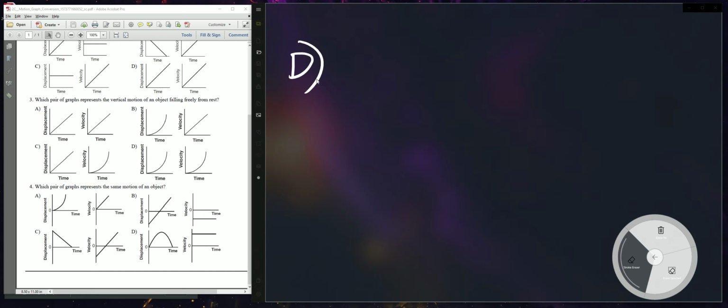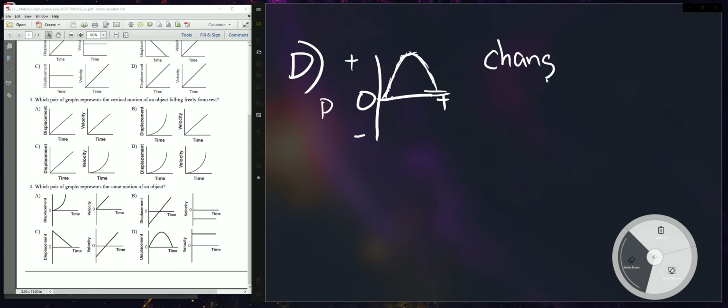Now D, let's look at 0 minus positive T P. All right. So what this graph is trying to say is you get to a certain position and then you travel back to 0, and you see this curved line right here. That must mean your slope is changing, so changing velocity.